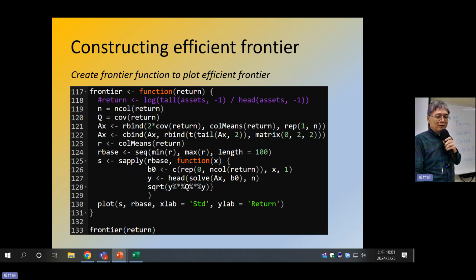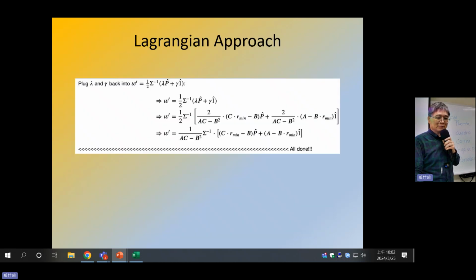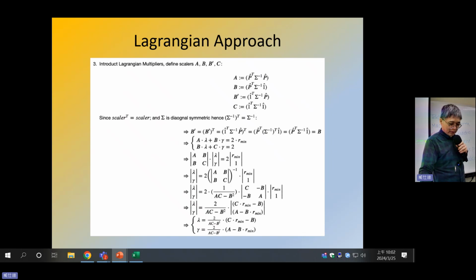But finally, we still have another problem about how to construct the efficient frontier. We'll talk about this later. But we can just take a break right now.